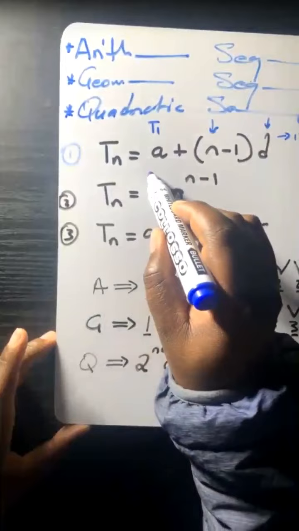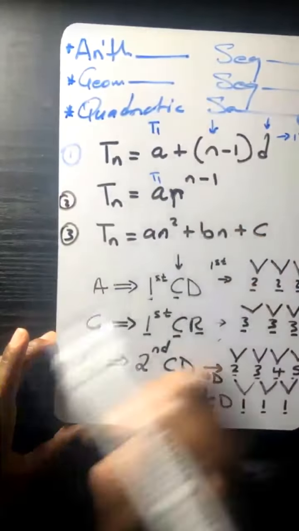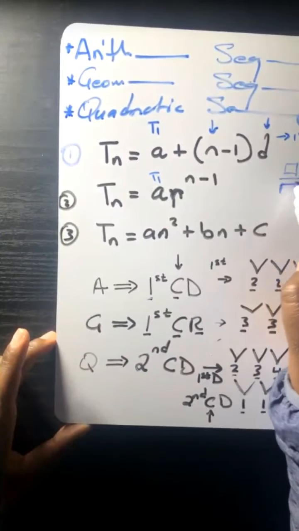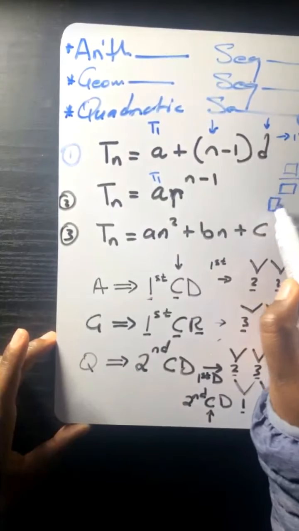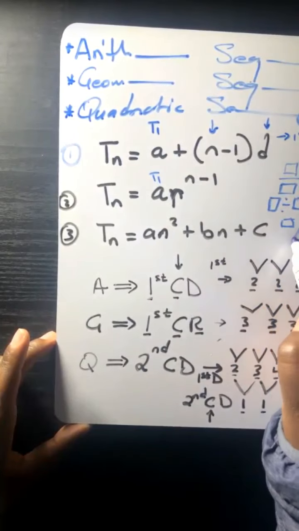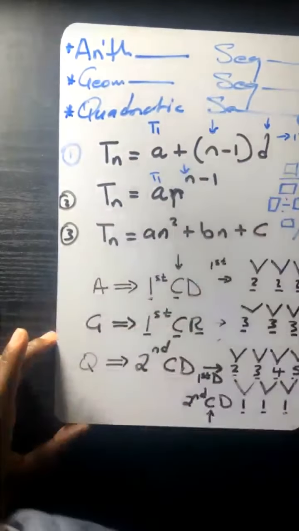A always is term 1, and then R refers to the ratio. What is the ratio? The ratio, in short, is something over something. The ratio is something divided by something. The ratio is something per something. That is the ratio, ladies and gentlemen. And then N is the number.